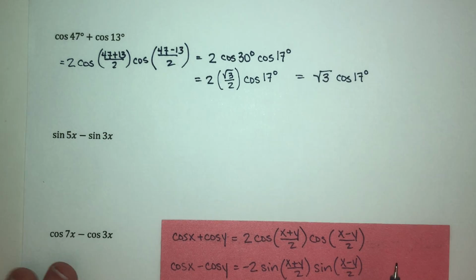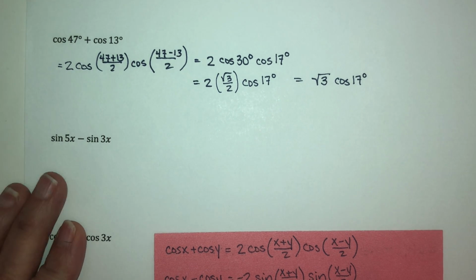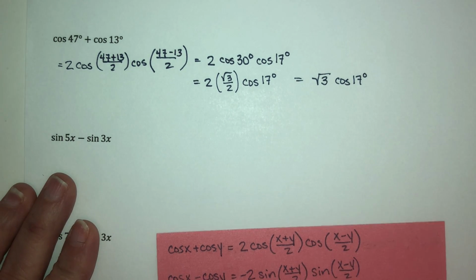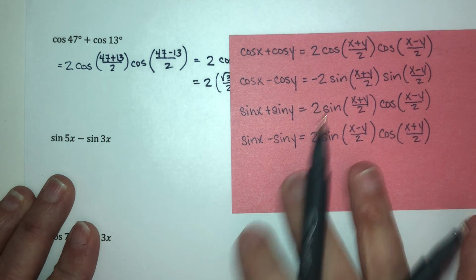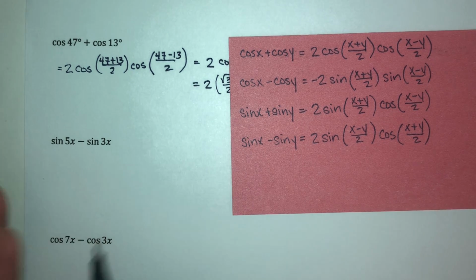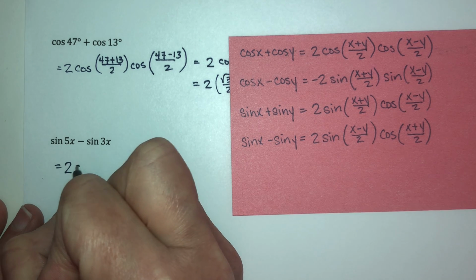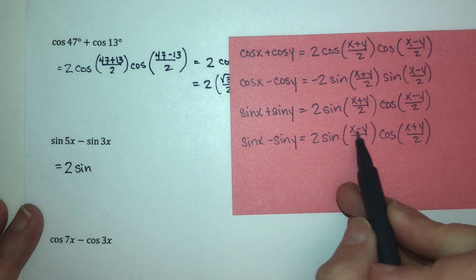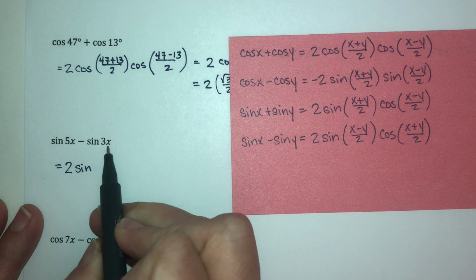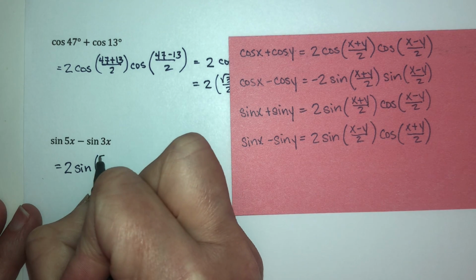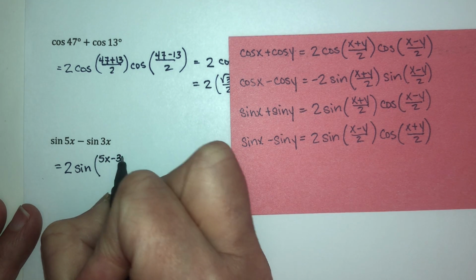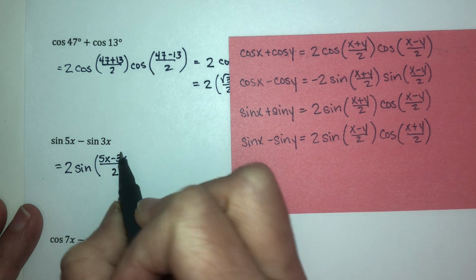Okay, now let's simplify sine of 5x minus sine of 3x. So here I have a sine minus a sine. So this equals 2 times sine of, you subtract the two angles and then divide by 2. So this is going to be 5x minus 3x divided by 2.